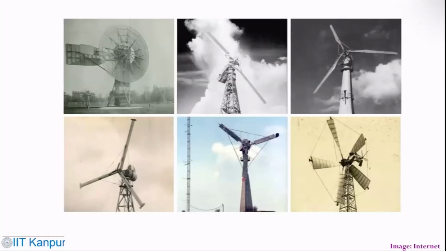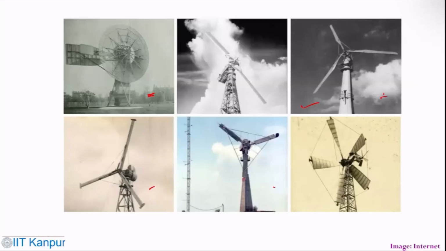If you go to a little bit of history of the horizontal axis wind turbine, that goes back to old times. You can see how old these designs were, and this one is probably toward the modern era.